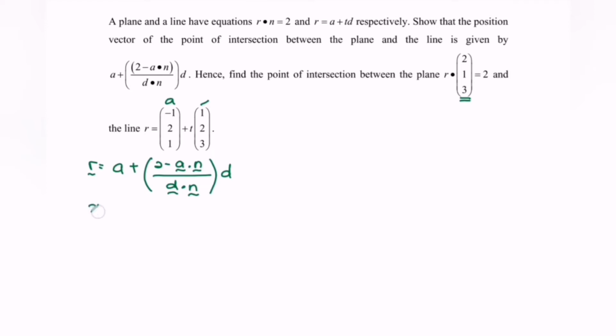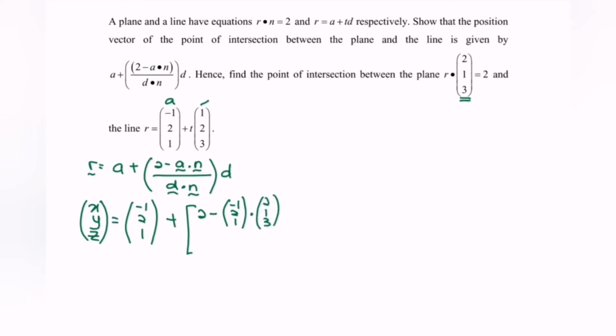So here we have x, y and z equals a, (-1, 2, 1), plus the bracket 2 minus a dot n, where a is (-1, 2, 1) dotted with n, (2, 1, 3), over d dot n. So d (1, 2, 3) dotted with n (2, 1, 3), multiplied by d (1, 2, 3). Kindly focus on this part.